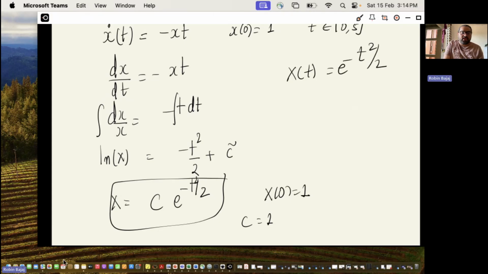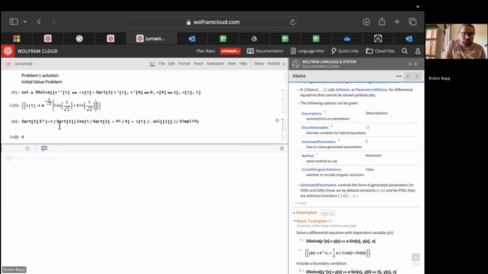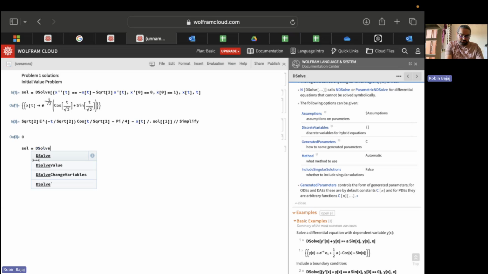But let's do it using dsolve. Okay, so how would you do this? Let's do the solve equal to dsolve. Now the differential equation is x dot t equal minus x t into t.